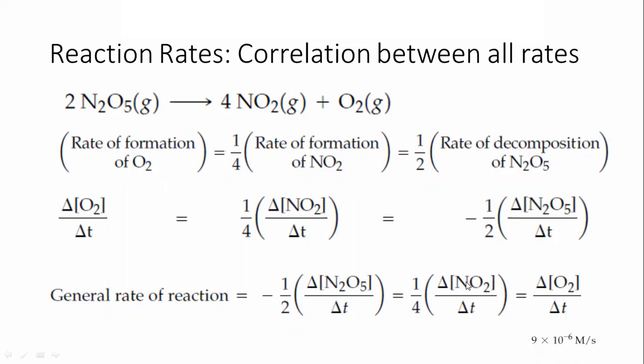To find this one, because here the coefficient is in the denominator, this is going to multiply whenever you calculate the rate of the formation of NO2. So this has to be multiplied by this to calculate the rate of the formation of the oxygen.